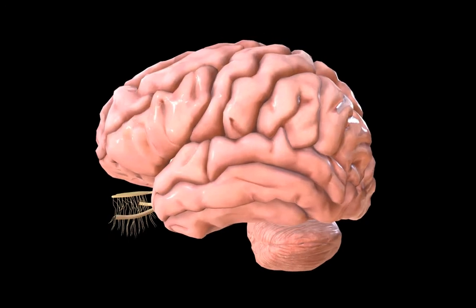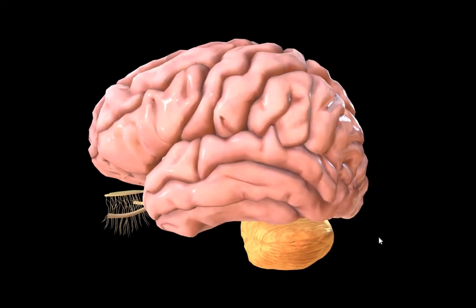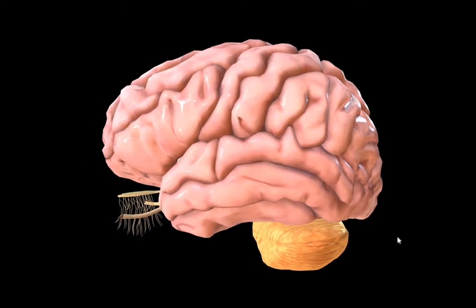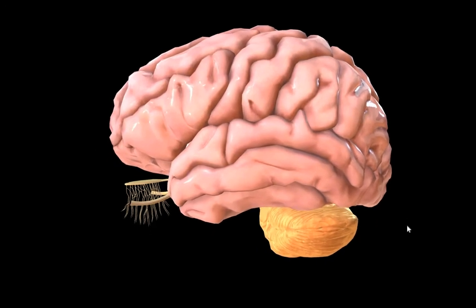If we were to look just below this layer, then we would be entering the cerebrum, and that makes up the majority of the brain. So we are viewing the cerebral cortex, the outer layer of the brain. This little structure down here, which in Latin literally translates to little brain, is the cerebellum, which can be found at the posterior inferior region of the brain. And we'll come on to that in a moment.